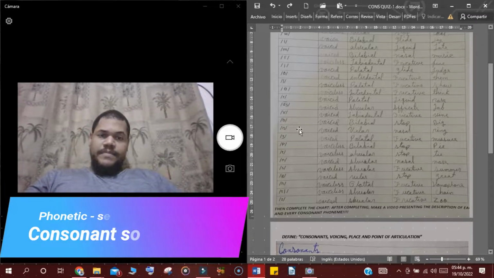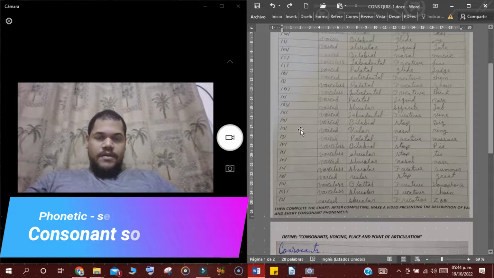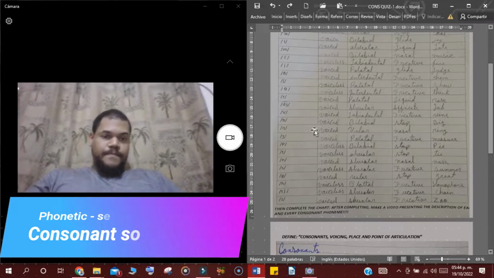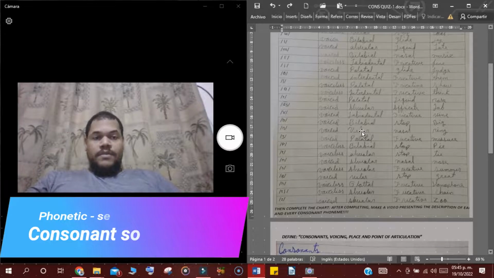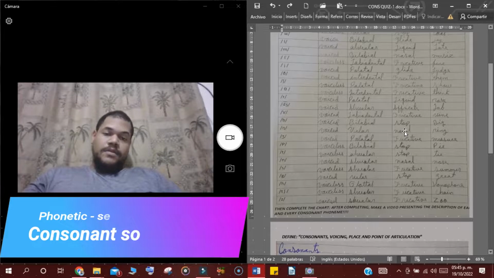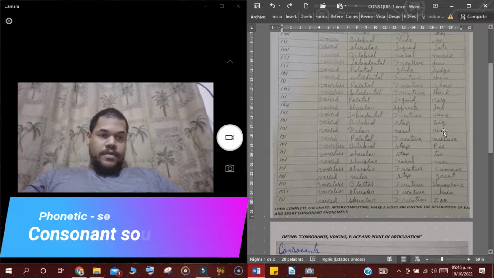That one is the representation, the combination of the letters N and G. It's voiced. It's velar because the back of the tongue interacts with the soft palate, and also it's nasal because the airstream goes right through the nasal cavity. And the word that I have to describe that sound is shrink.